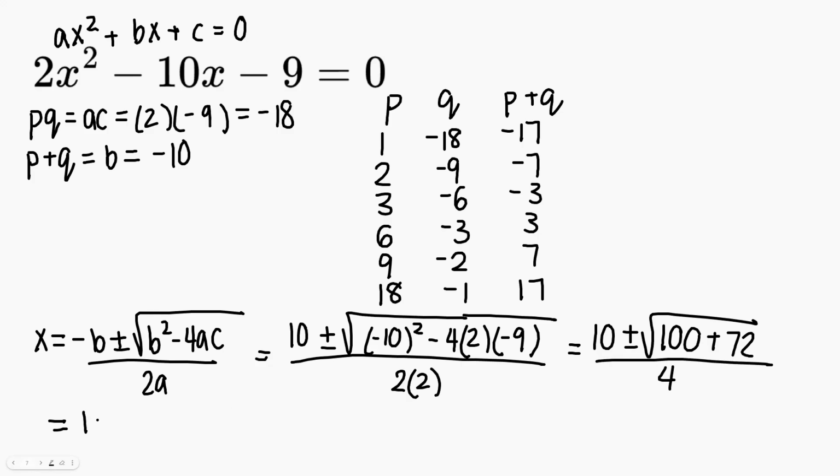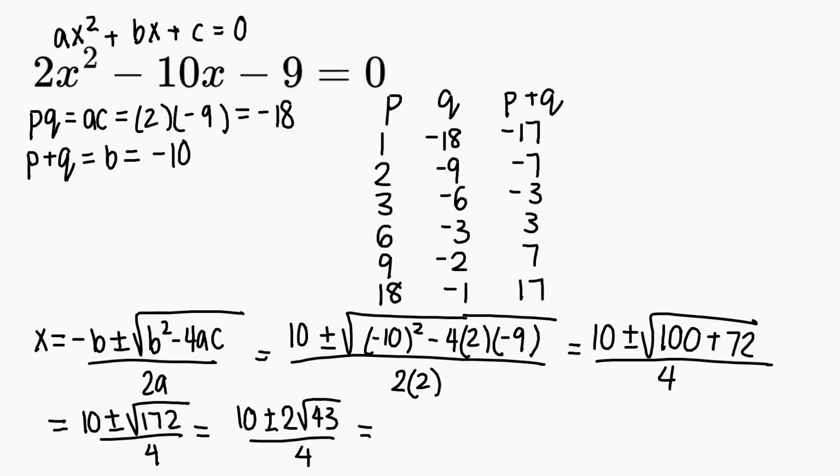Gives us 10 plus or minus the square root of 172 divided by 4, which simplifying that, we could take out a 2 because we can divide 172 by 4, which gives us 43.